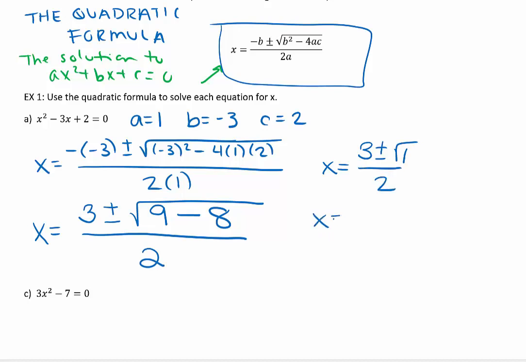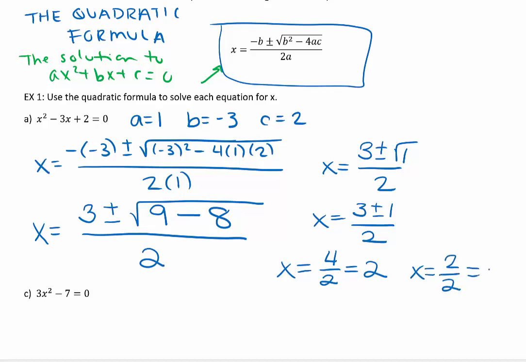And square root of 1 is 1. So that means x could equal 3 plus 1, which is 4, over 2. That's 2. Or x could equal 3 minus 1, which is 2 over 2, or 1. So my solutions to this equation are x equal 2 and x equal 1.